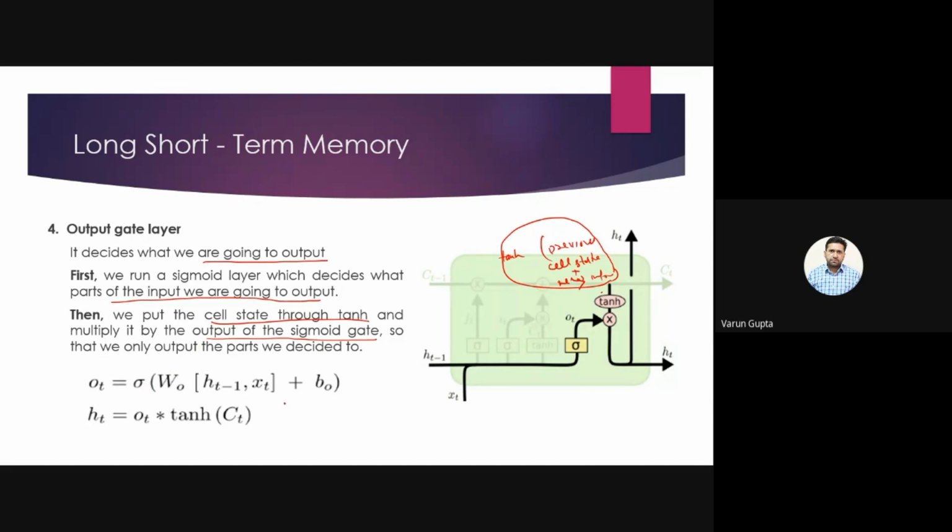Cell state is coming from here, and you're applying this output gate on that. Output gate means this sigmoid thing: how much to keep from the new information, from this network. So this is Ot. This network is being shown by this diagram, this equation.